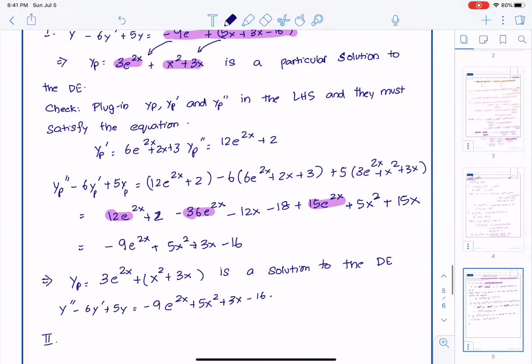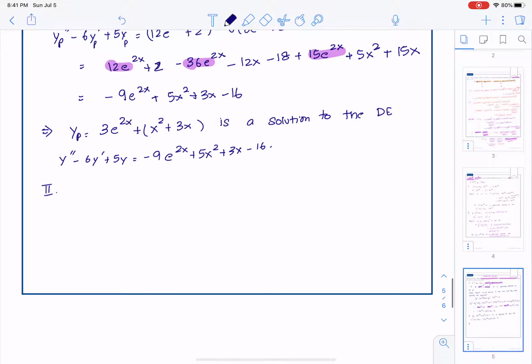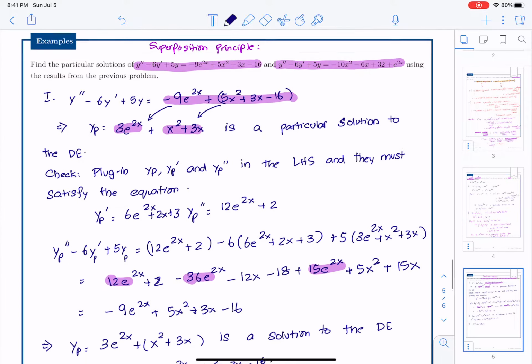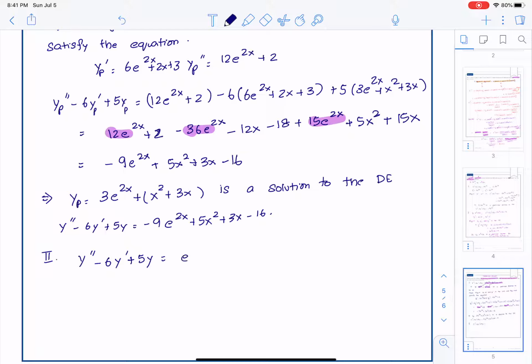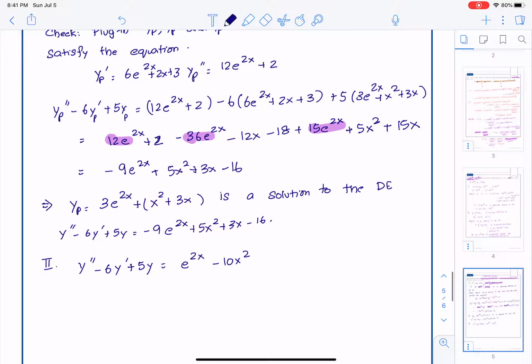So the second equation that we have, things aren't quite obvious here. So y double prime minus 6y prime plus 5y, that is the left-hand side. The right-hand side is e raised to x minus 10x squared minus 6x plus 32.